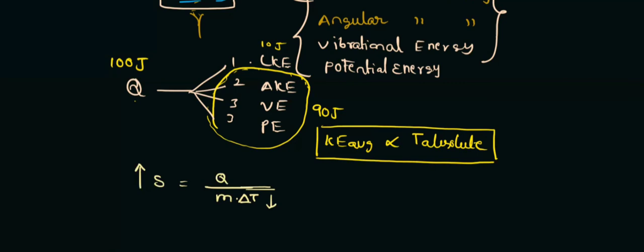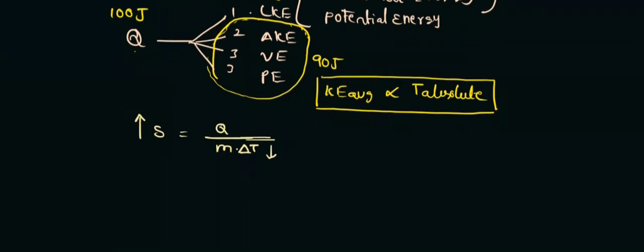If you want to understand, it is given in the table in your textbook. I'm taking two examples. One is lead. Lead's value is 0.031 calorie per gram degree Celsius.